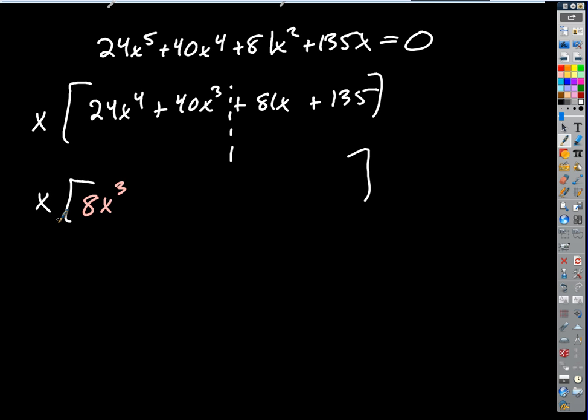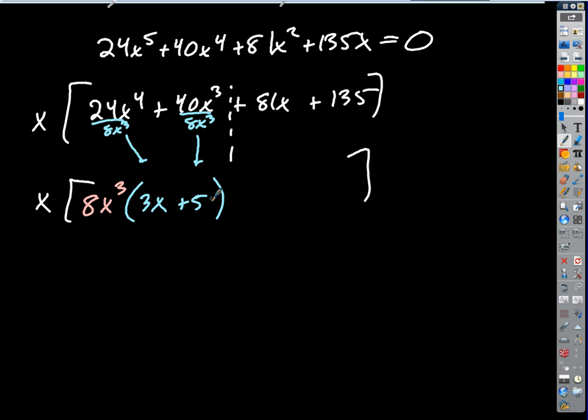So I get 8x cubed. Now what's left behind from that first group? 3x, good, plus 5, good.